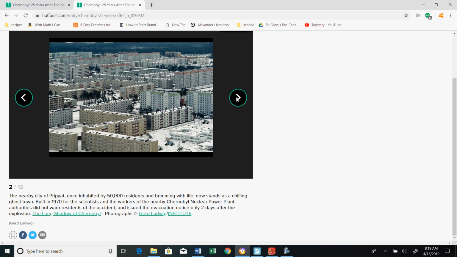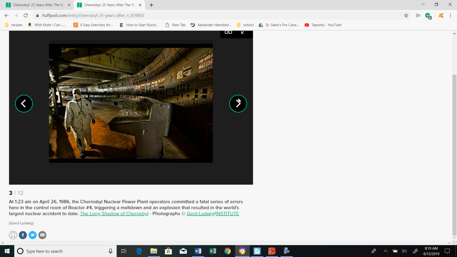This is the city of Pripyat, once inhabited by 50,000 residents, but now it is just a chilling ghost town. Built in 1970 for the scientists and workers of the nearby Chernobyl nuclear power plant. Authorities did not warn residents of the accident and issued an evacuation notice only 2 days after the explosion. So they were trying to hide what was happening.